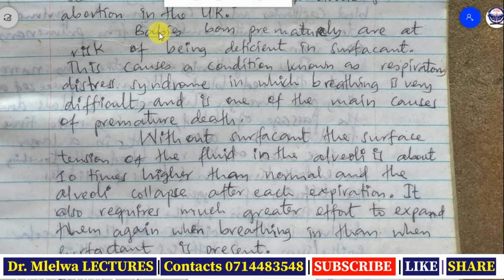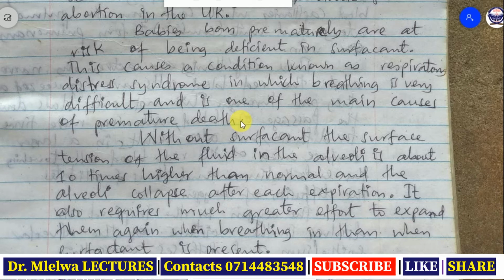Babies born prematurely are at risk of being deficient in surfactant. This causes a condition known as respiratory distress syndrome, RDS, which is caused by the lack of surfactant, in which breathing is very difficult and is one of the main causes of premature death.